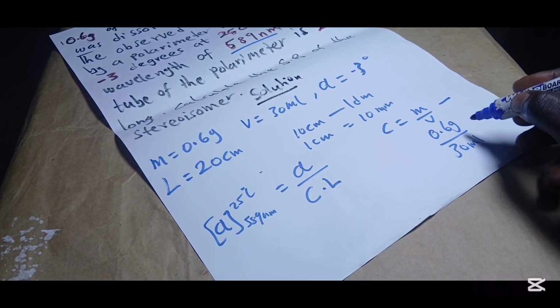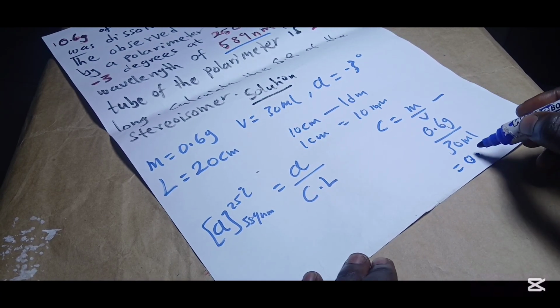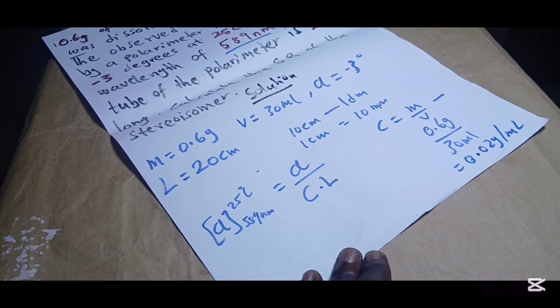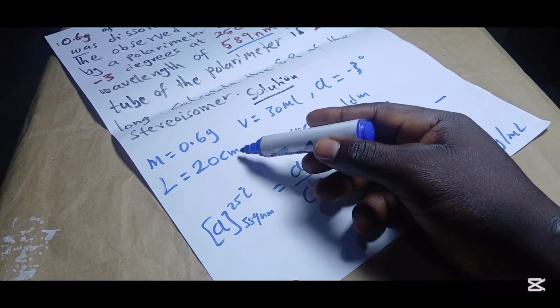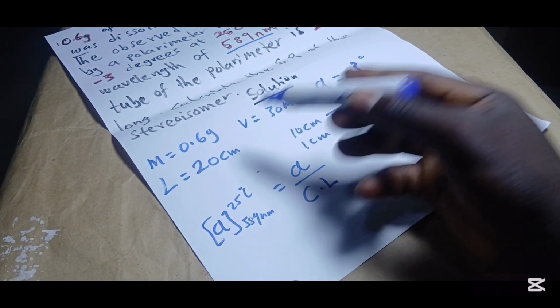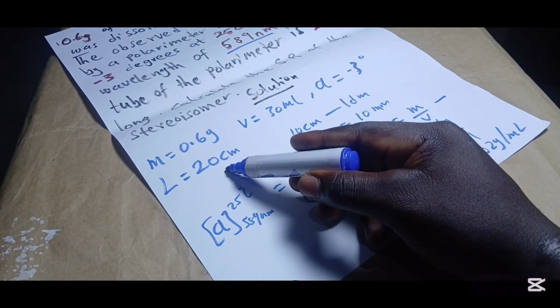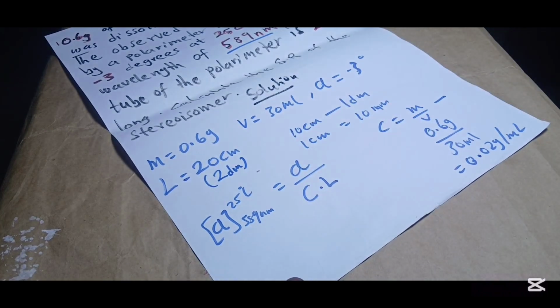This will give us 0.02 grams per milliliter. Mind you, our concentration should be in grams per milliliter. Then that is okay. Our path length should be in decimeters, dm. And we know that 10 centimeters equal 1 decimeter, so 20 centimeters will give us 2 decimeters.